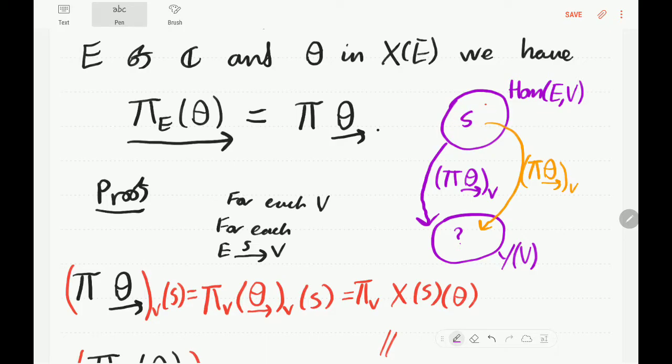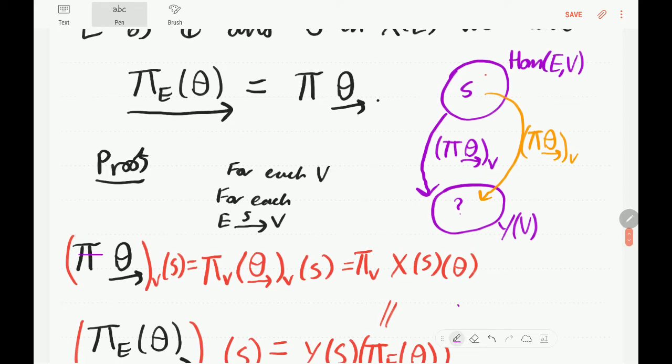So firstly, let's consider what happens when we do this orange arrow on S. So we want to think about pi after theta under arrow. We will think about what happens when we get the V component of that and apply that function to S. So this is just a composition of natural transformations, and so we can just compose the V components.